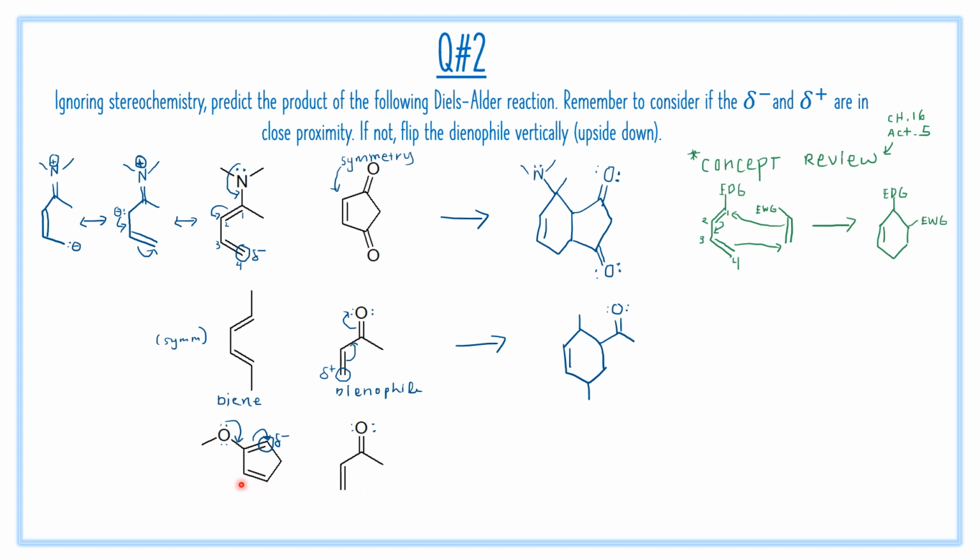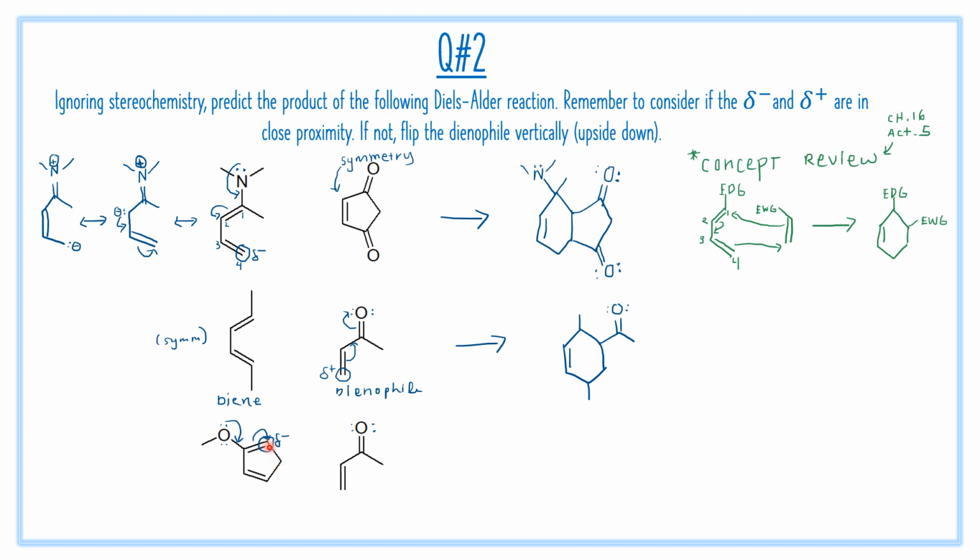Next problem. A lone pair on oxygen goes down to create a double bond, which breaks and transfers over a lone pair onto this carbon, carbon number 1, as I usually number this one.